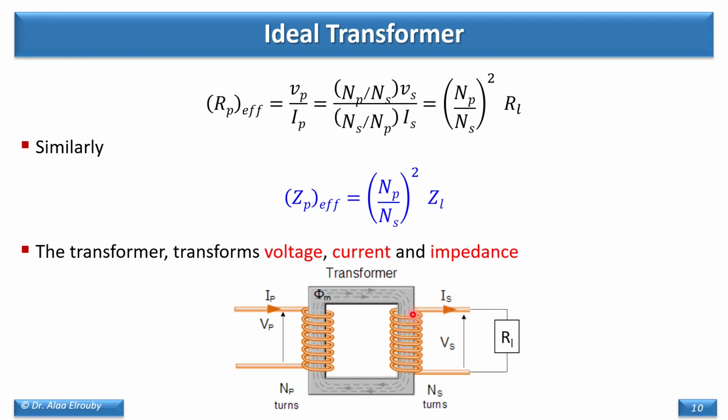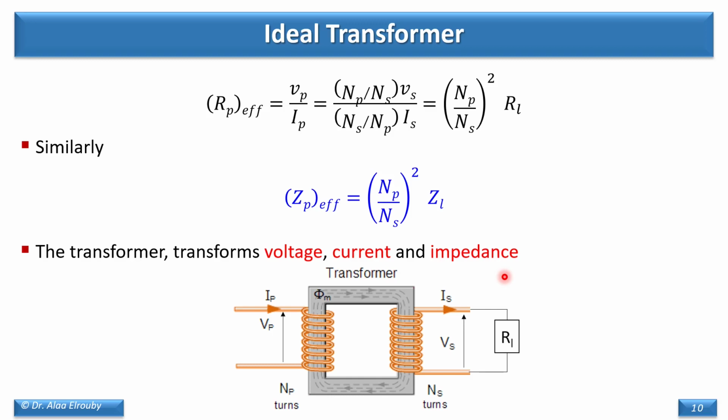So the current here at the load equal I secondary, and V secondary divided by I secondary, so that we can say that the transformer is also transforming R load into R primary. And if we are dealing with a complex load, not just resistive, it will be Z load and Z primary instead. So we can see that the transformer is transforming voltage, current, and impedance.